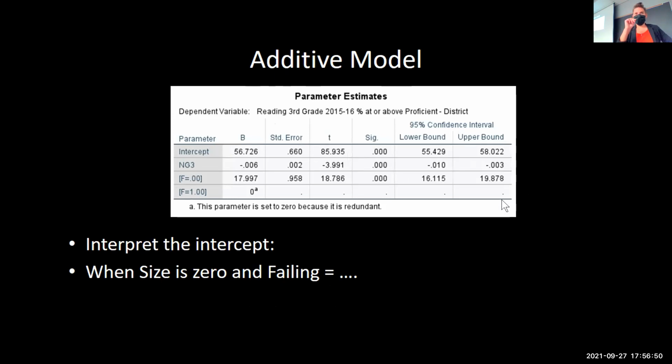Now here are our parameter estimates. So let's look at interpreting the intercept here. It has done the same thing again, where having an F is given a 1, and not having an F has been given a 0 within our model. So it aligns with what we talked about with cars and trucks.